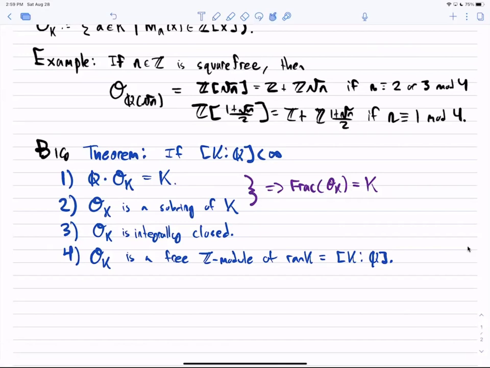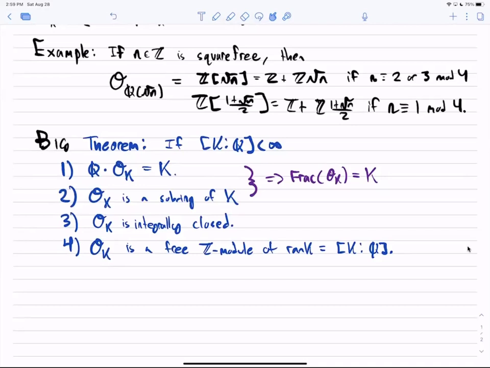And then for 4, it's no surprise that the module is free, because it's a Z module and it's torsion free because it lives inside of a field. So it's no surprise that it's free if you know it's of finite rank. Once you know that it's free of finite rank, you combine with part 1 and getting this degree is not hard. It's a little bit subtle when you first think about it.